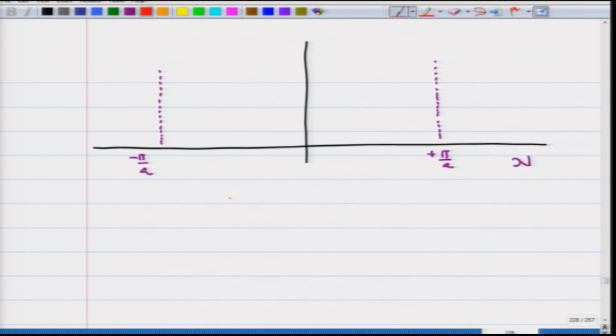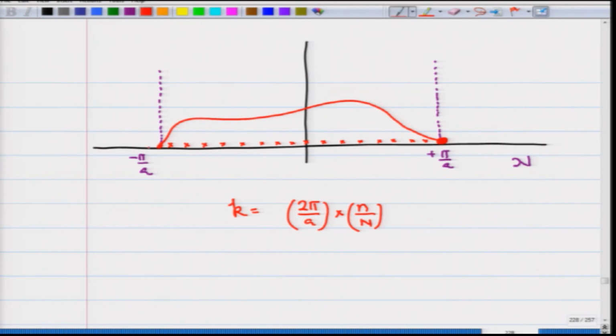The k values that I have are 2 pi by a times n over N. So, I have these k's, if I were to plot, they are going to be like this. I come all the way up to this point, and the last point is equivalent to this point again. So, these are the k points that I am going to consider.